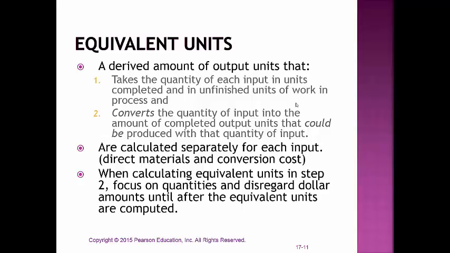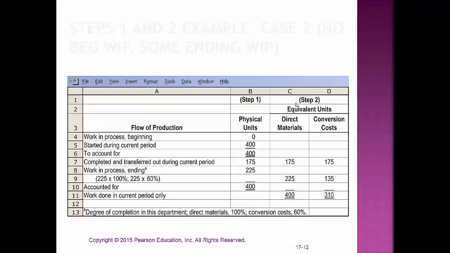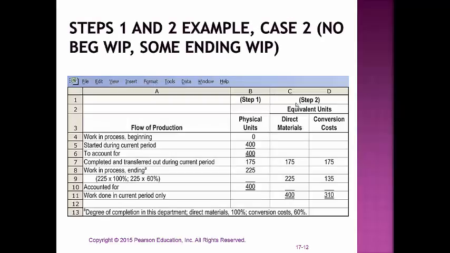They're not 100% complete, because if they were, we would be transferring them out. For the ones left in work in process, as to conversion cost, they are only X percentage complete. We're going to see how to do that here in just a second. Alright, so here is the top part of our form.